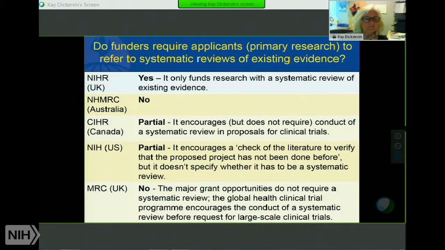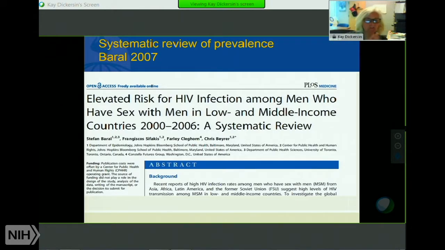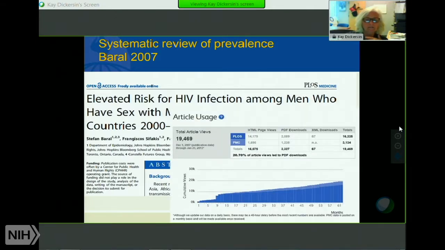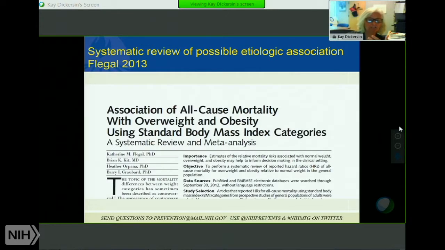So just to show you some systematic reviews, here's one about prevalence and elevated risk in men from low and middle income countries who have sex with men. And the article is used a lot. So it's really gotten a lot of attention. Here's looking at the association between mortality and overweight.